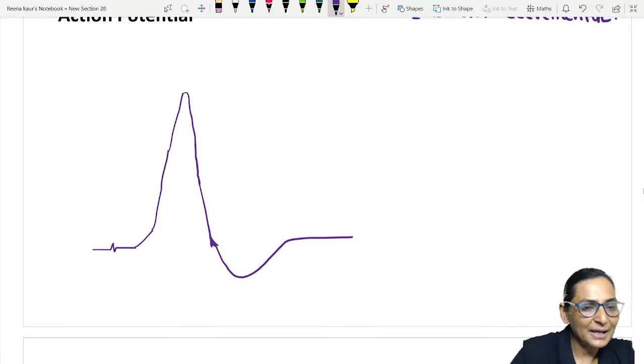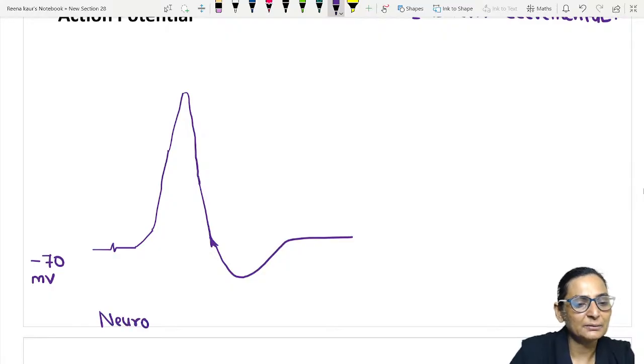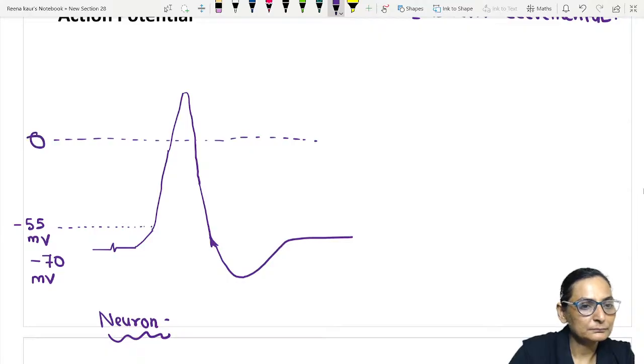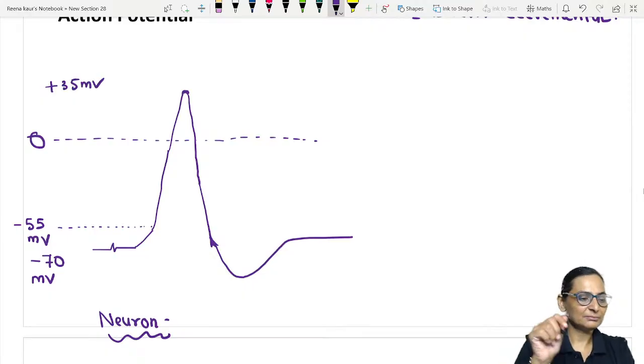So now if I write resting membrane potential of minus 70 millivolts and it is a spike, you must remember that it is the action potential of a neuron, right? Then it is very, very important to know the significance of these voltages. Minus 55 millivolts, then 0 आना चाहिए, and this spike peak is plus 35 millivolts, right? This much if you draw is quite sufficient.